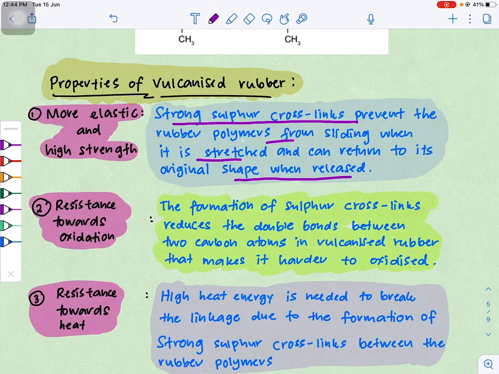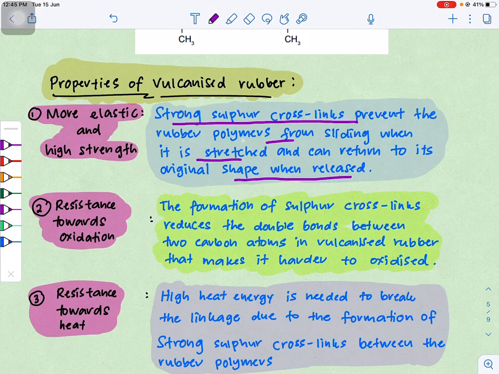So kalau kita ada original rubber, bila kita overstretch, dia tak return back to its original shape sebab dia slide. Dia turun daripada layer jadi duduk bawah layer yang kedua. Macam itulah konsep slide. Tapi kalau we have the vulcanized rubber, it didn't slide sebab the presence of sulfur crosslink akan menghalang sliding itu berlaku. Bukan itu sahaja, dia akan membantu untuk return to its original shape when released.